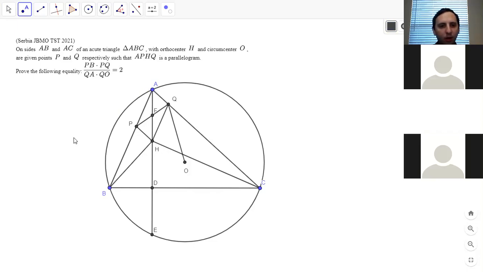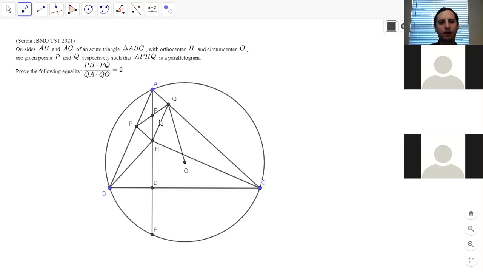Yes, FQO is similar to triangle HQC. HPO and FPO? That doesn't look right. APO. FQO. FQO. Okay. Yes, and that will finish the problem.